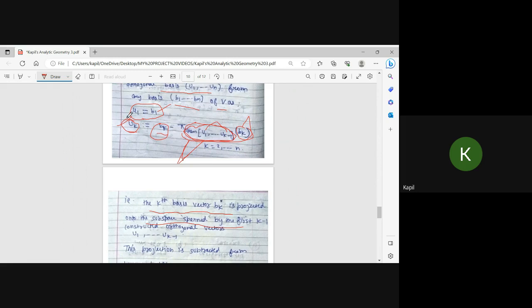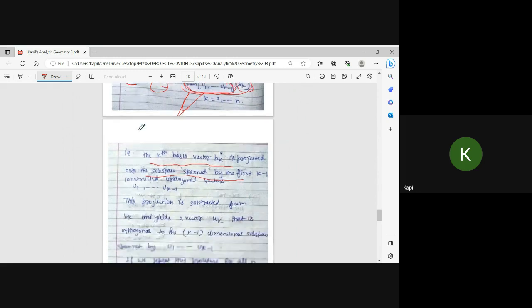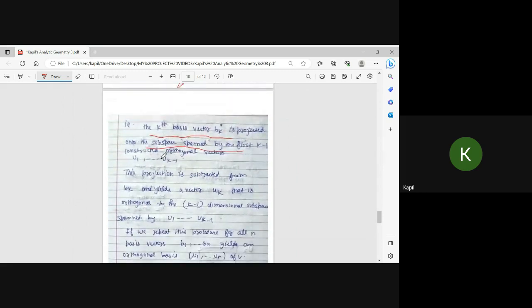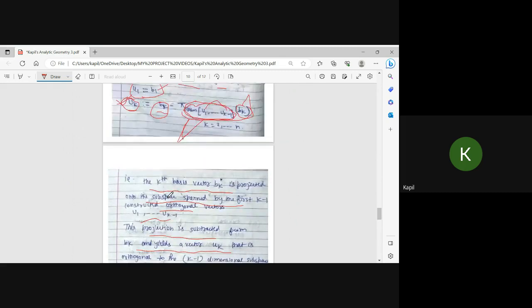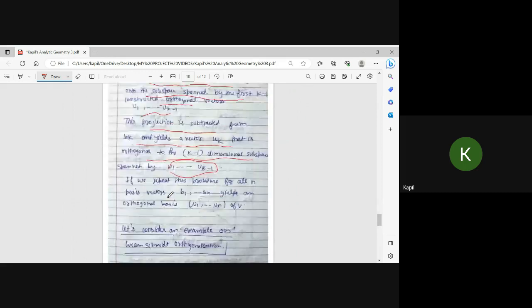We get the orthogonal vector uk. This is the main algorithm behind this. The projection is subtracted from bk and yields a vector uk that is orthogonal to the k minus 1 dimensional subspace spanned by u1 to uk minus 1. This was the whole concept behind Gram-Schmidt orthogonalization.